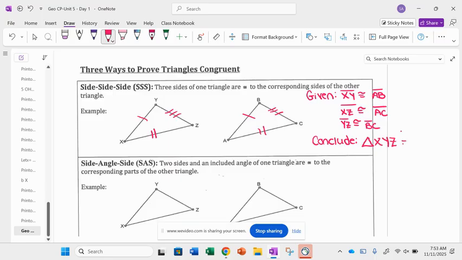Now, how would I match that up? If I said XYZ, how would you say the other triangle? You got it, ABC. That way we're matching up all the corresponding parts. And the reason would be SSS. So if we're able to show 3 sides of one triangle congruent to 3 sides of another triangle, we can say those 2 triangles are congruent by SSS.